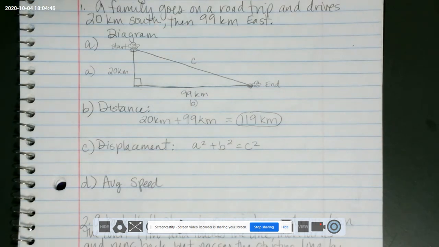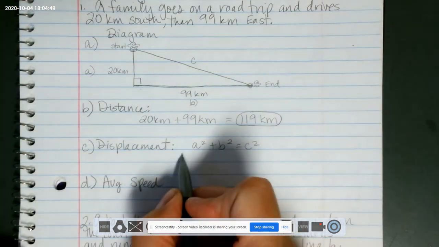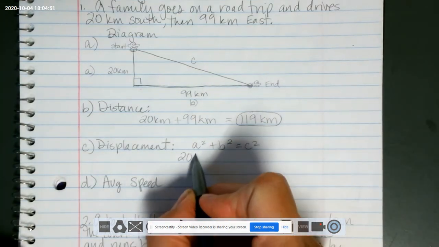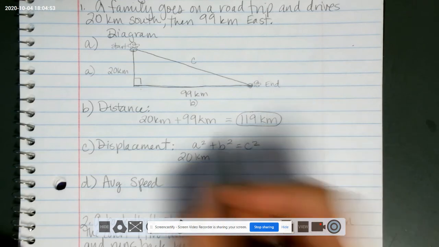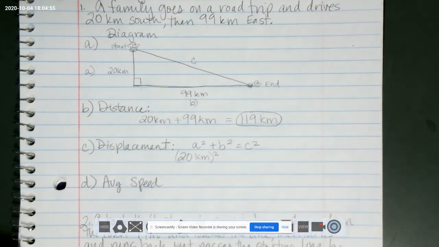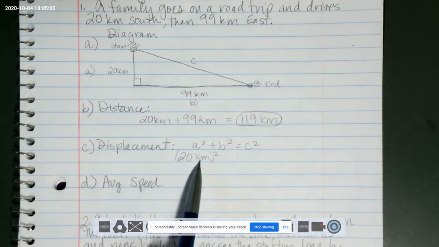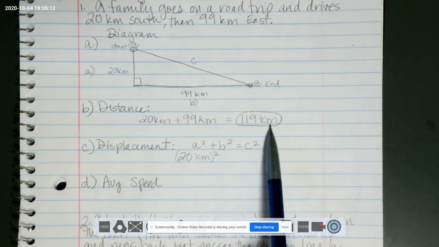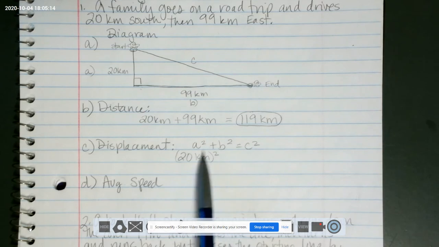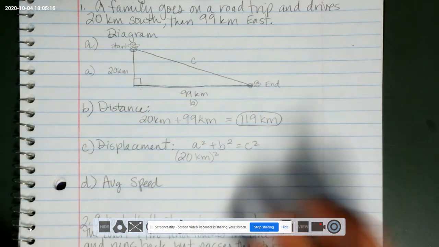If a is 20 kilometers, we're just going to plug it right in. So I'm going to do 20 kilometers, and I'm going to put parentheses around it and put the squared on the outside. The reason is because I want to make sure, and I mentioned this before, I square everything inside. I want to square the 20, and I also want to square the unit of kilometers. You'll find out why later, because we need to end with kilometers by itself, but we need to make sure it's squared in the beginning.